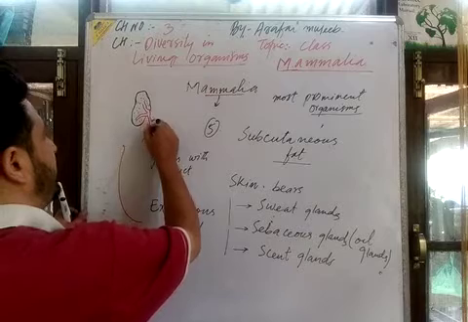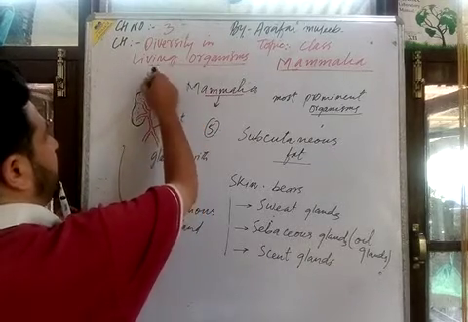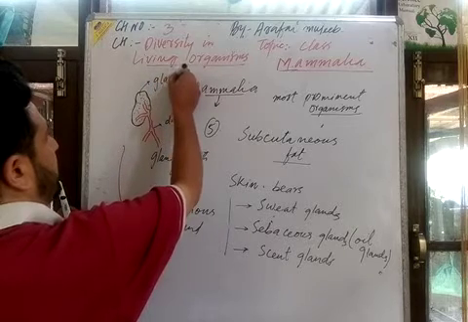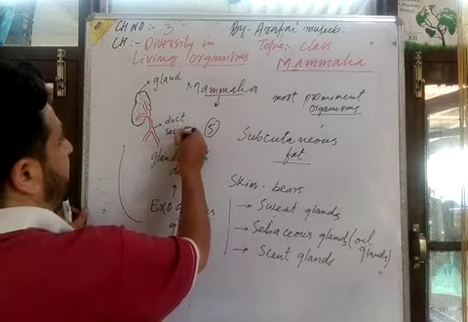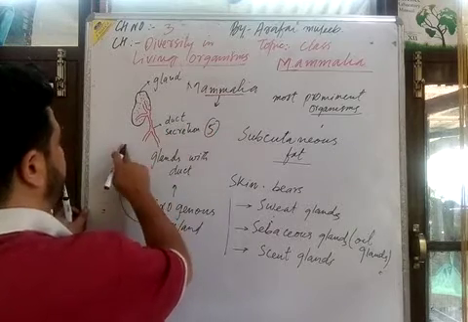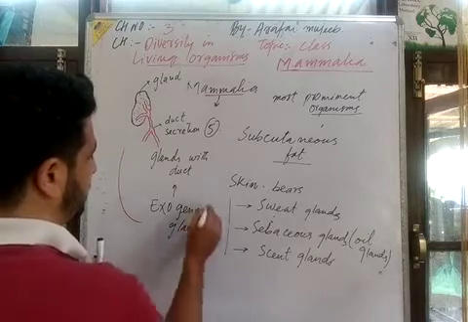It secretes this fluid with the help of the duct. Then this is a type of exogenous gland.